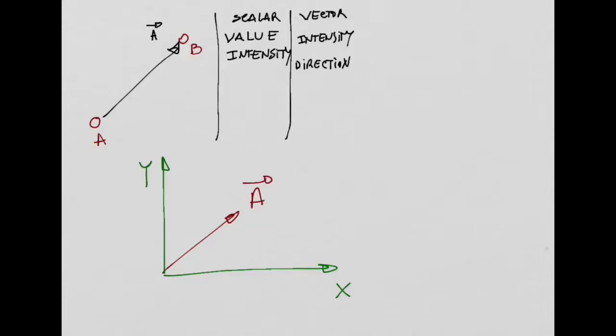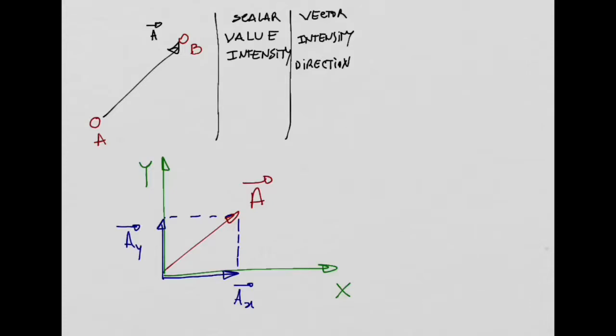So the way you do that is you draw parallel lines to the axis, okay? And then you say, this is my component in the X direction. I will call it AX, it is still a vector, right? And this is going to be the component of my vector in the vertical direction. I will call it AY.